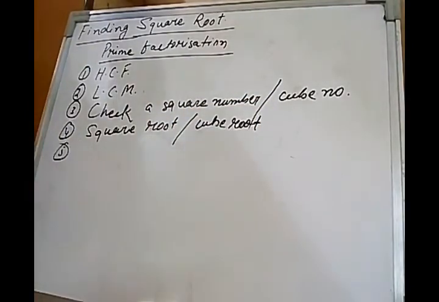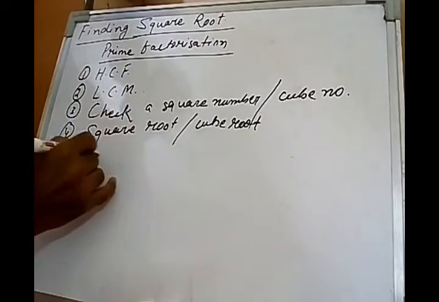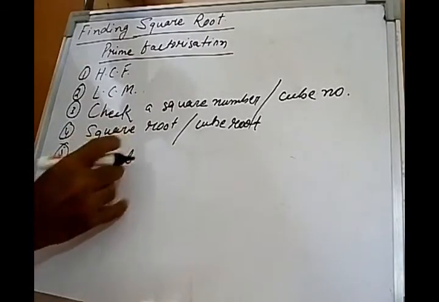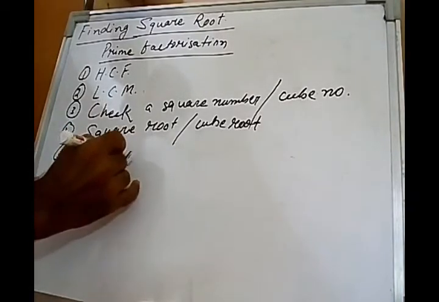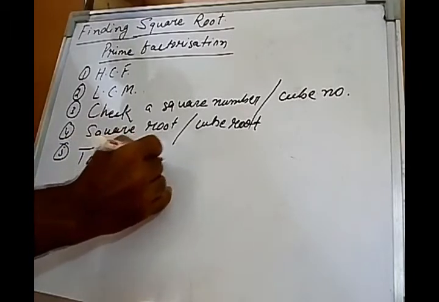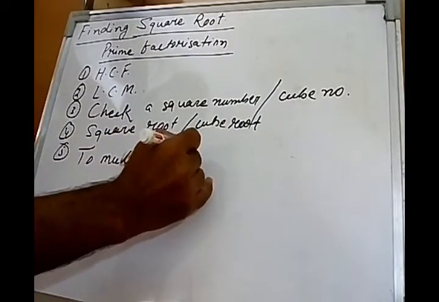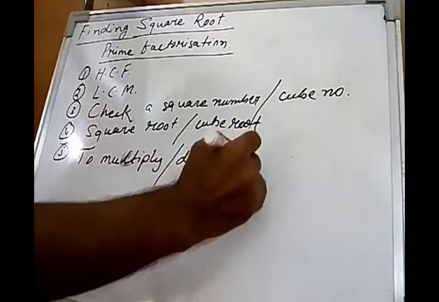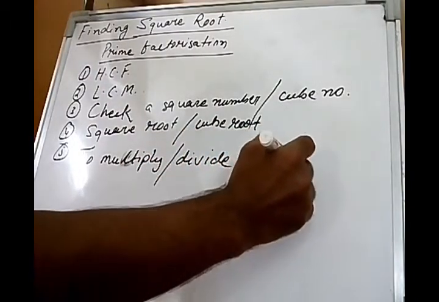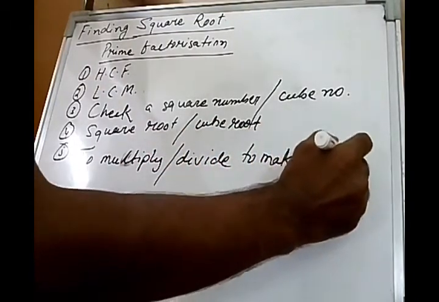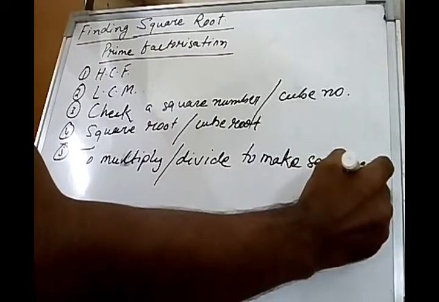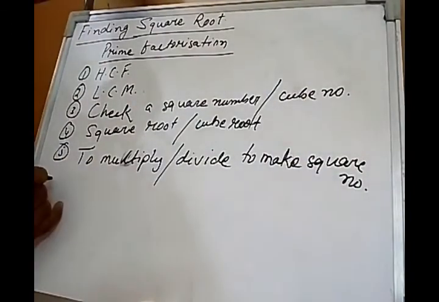Fifth one is to multiply or divide to make a square number as well as a cube number.